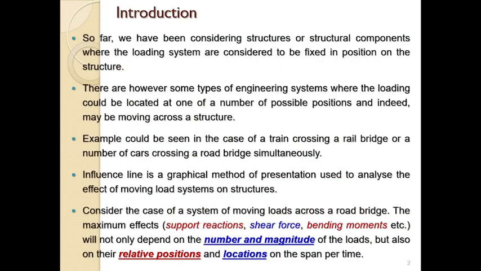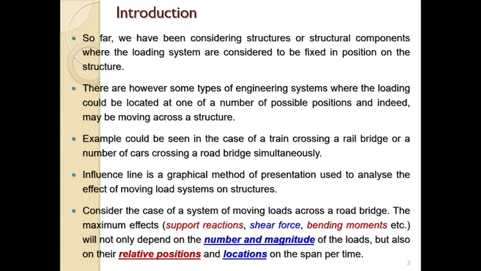And so, why do we need influence line? So far in structural analysis, what we have been doing have been cases where the loading system on the structures are fixed in position on the structure.